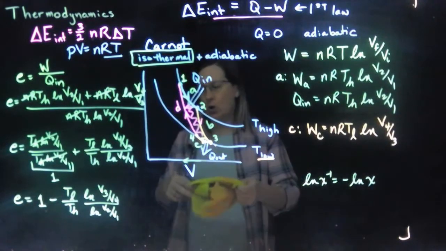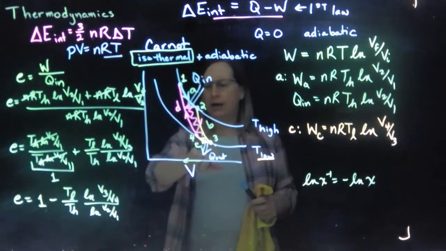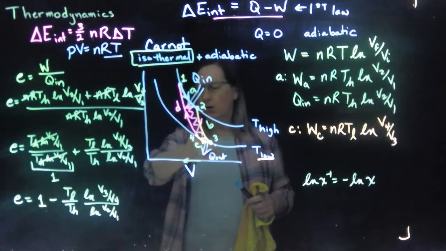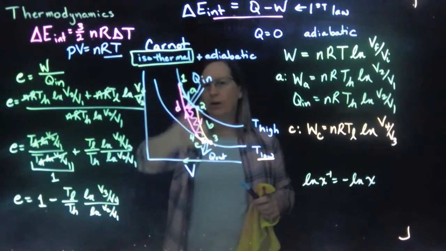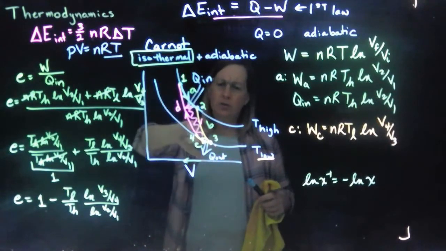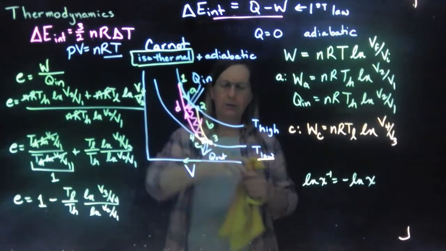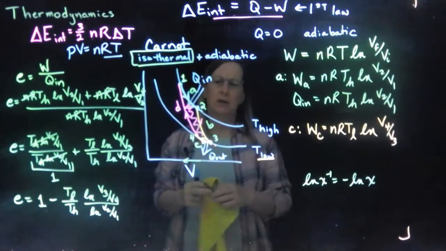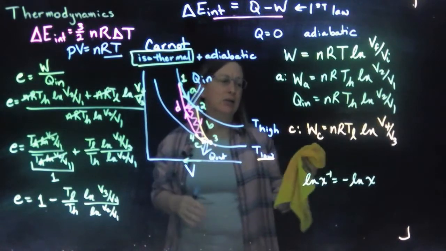Now, I want to relate 3 and 4 and 2 and 1 to each other. Points 2 and 3 are on the same adiabat, on this curve, and 1 and 4 are on the same adiabat, which means there's a relationship between those.